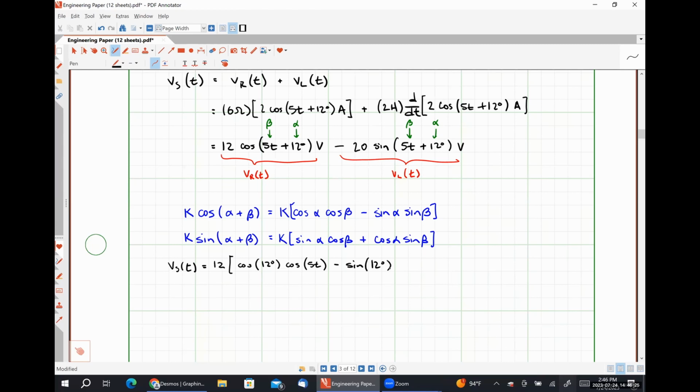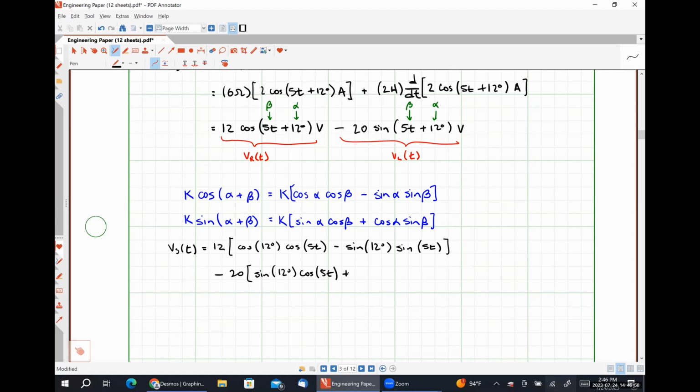So sine 12 degrees, and sine beta is going to be sine 5t. And then I'm going to have minus 20 sine 12 degrees cosine 5t plus, my stylus doesn't want to write this plus sign, there we go, cosine 12 degrees times the sine of 5t. I'm going to expand this out a little bit.